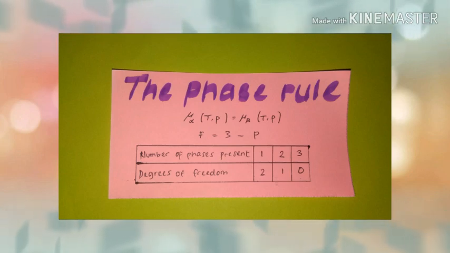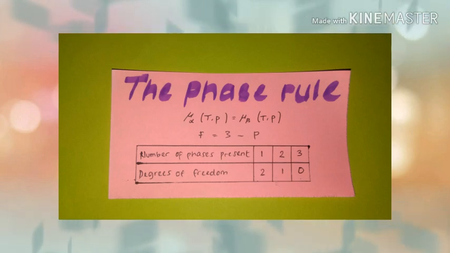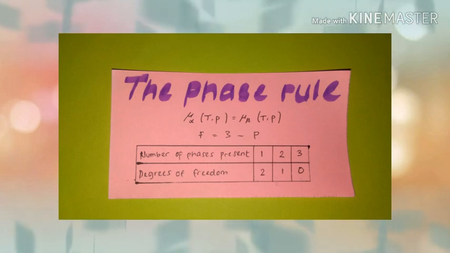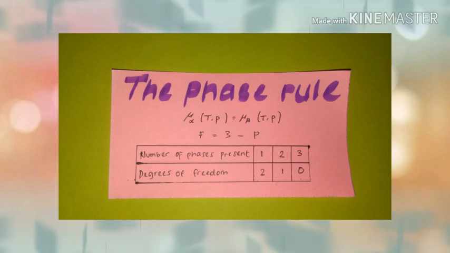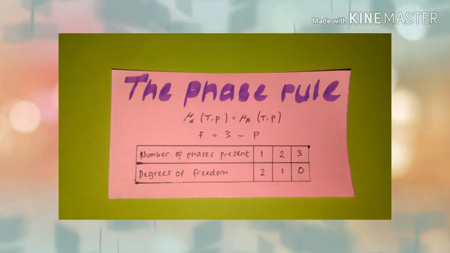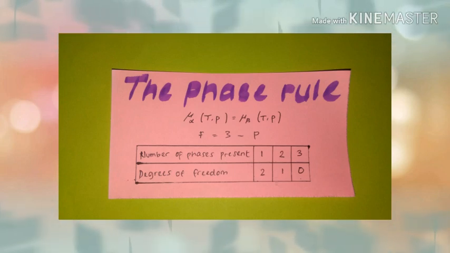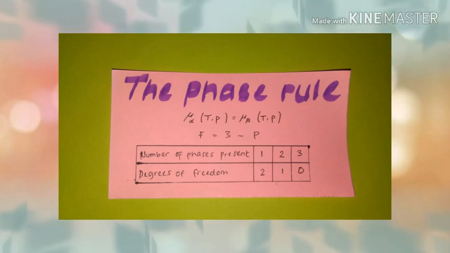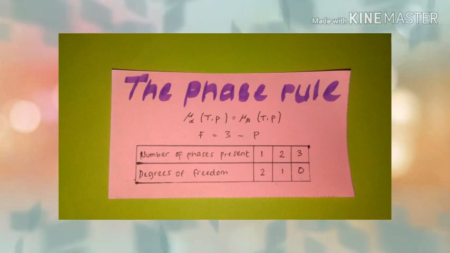The system has one degree of freedom. It is univariant, whereas if only one phase is present, two variables are needed to describe the state, and the system has 2 degrees of freedom, or is bivariant.